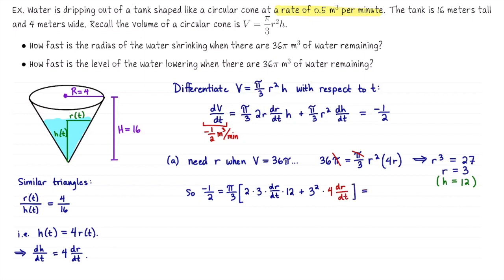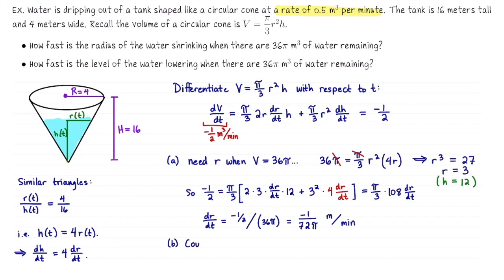Now simplify that right-hand side, you get pi thirds times 108 times the unknown quantity dr/dt. We can now solve for dr/dt and say that dr/dt is negative 1/2 divided by pi thirds 108, which is 36 pi. And after simplification, you get that the radius is shrinking at 1/72 pi. In other words, dr/dt is negative 1/72 pi meters per minute.